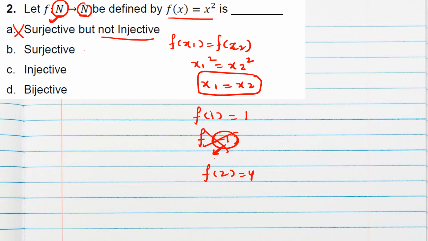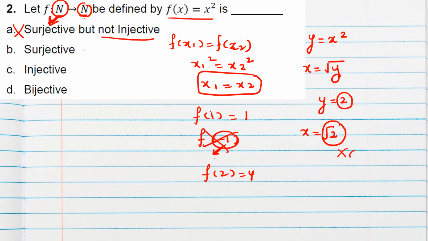Now for surjectiveness we will check here. y is equal to x square, so x will be root y. You take positive only because our domain and range are both natural numbers. So if I take y is equal to 2, 2 belongs to the natural numbers, no problem. So can I have root 2, such type of numbers, in my domain N? No, this number does not belong to N. So what we can say?